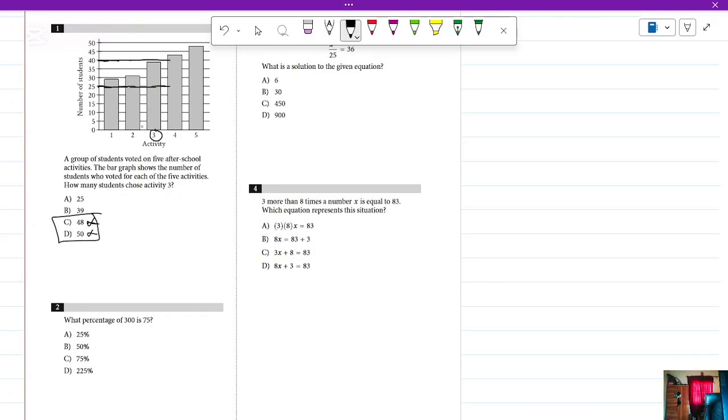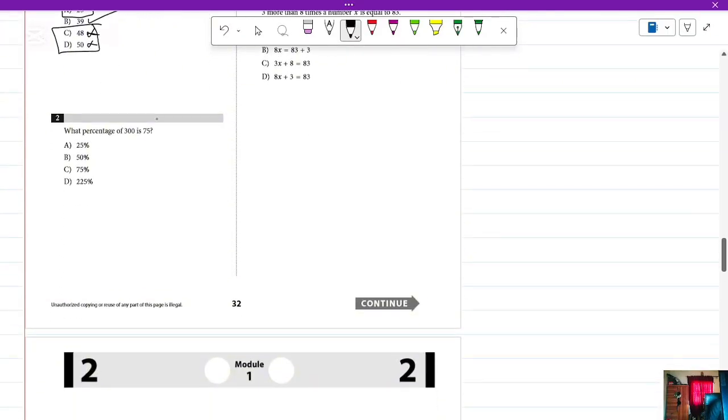Activity 3 supersedes 25. So I need to rule this one out. If you look at 39, activity 3 is closer to what? 40. So your answer is what? 39. So which means that activity 3 is very close to what? To 40. So it can be 39. That is how to do that particular question.